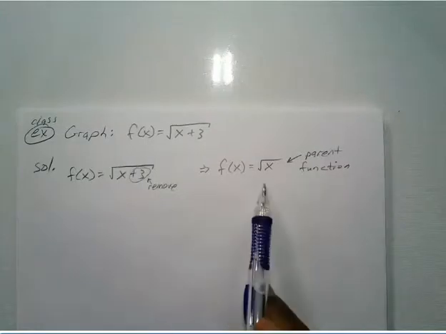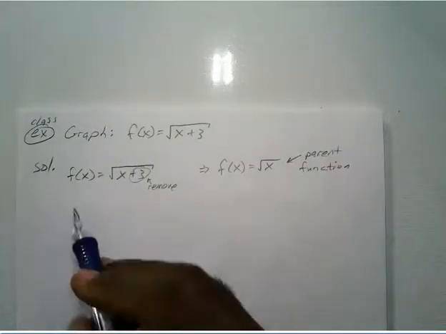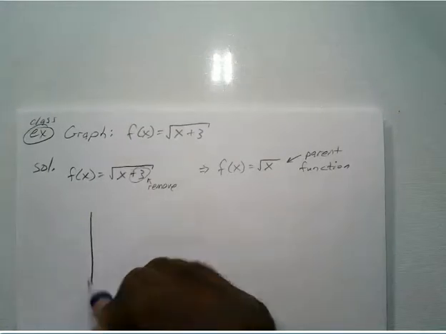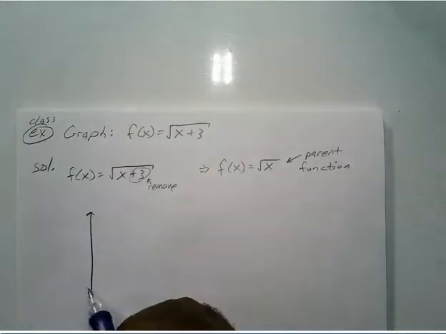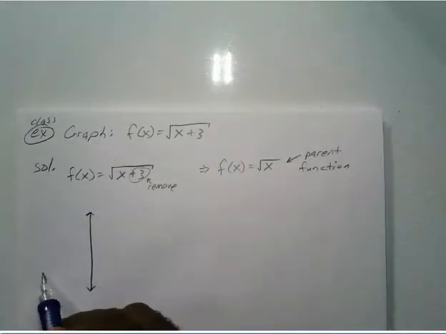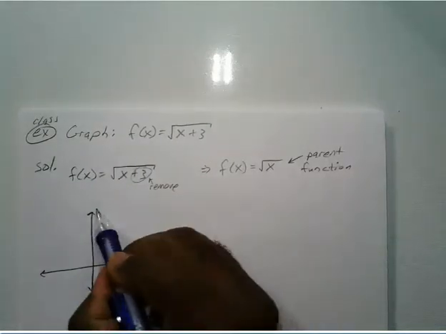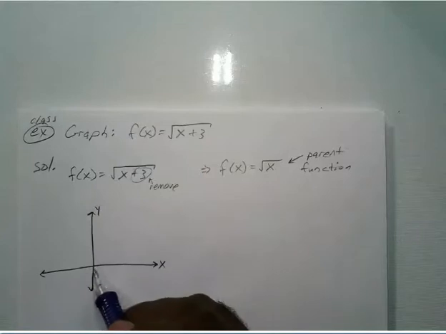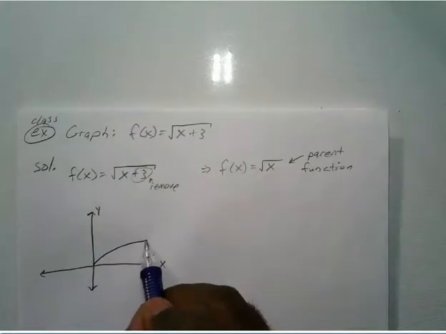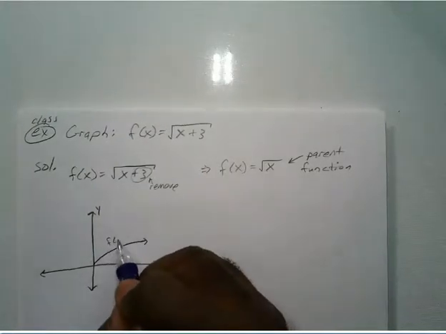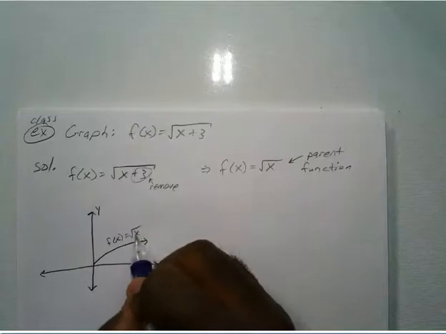If we graph it, we have our x and y axis, and our square root of x looks something like that.